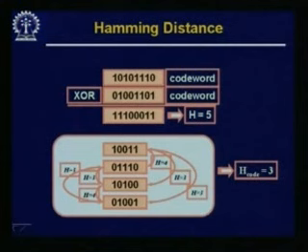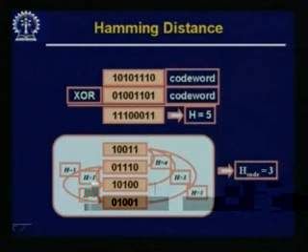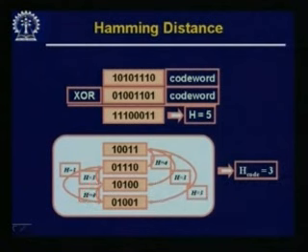Please note that if the two corresponding bits are different in the two code words, 0 and 1, or 1 and 0, then we get a 1 in this XOR. If they are the same, like 1 1 or 0 0, we get 0. So, Hamming distance is the number of positions where the two code words differ. Okay. If you have a set of code words, say between this and this the Hamming distance is 4, between this and this the Hamming distance is 3, between this and this also 3.